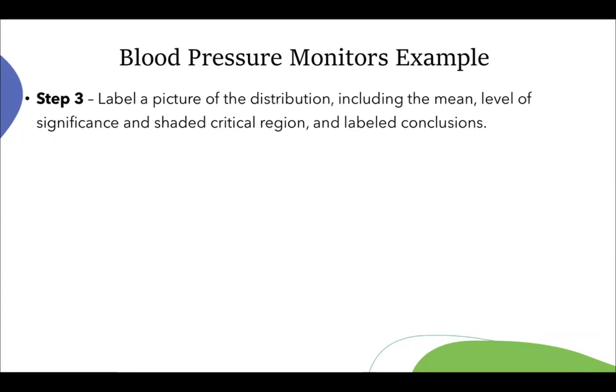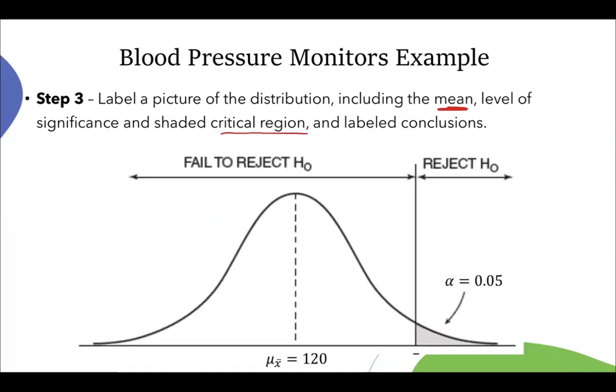So step 3, label the picture of the distribution, including the mean, that's the center, the level of significance, and shaded critical region and labeled conclusions. So by that, I mean we're going to have our picture of our normal distribution.